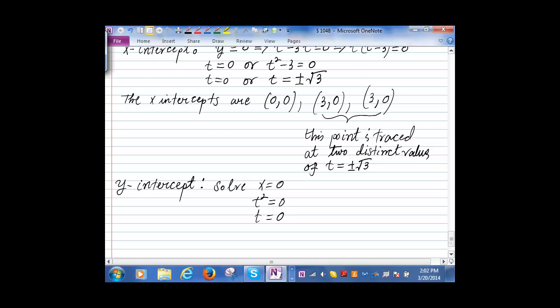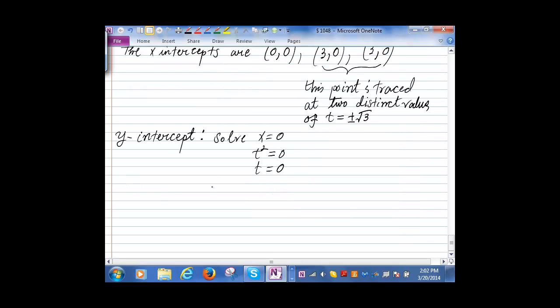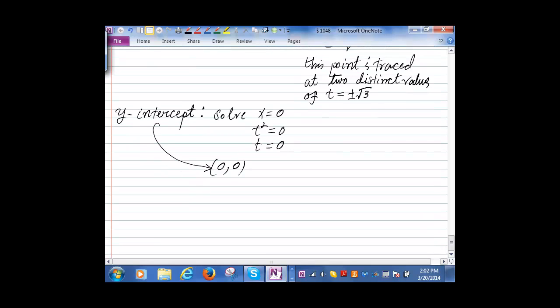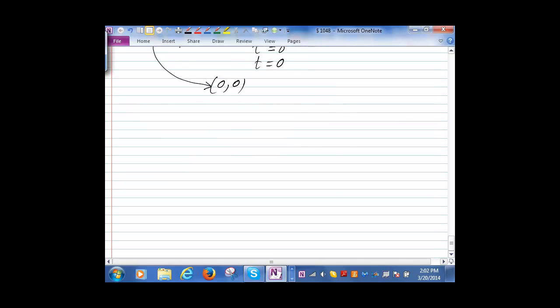T is 0, and we know that for t equals 0, the only point I get is 0, 0, right? So that's the y-intercept as well, because that's the only point where the curve touches the y-axis. So that's the only y-intercept. Okay, so that was question 1.